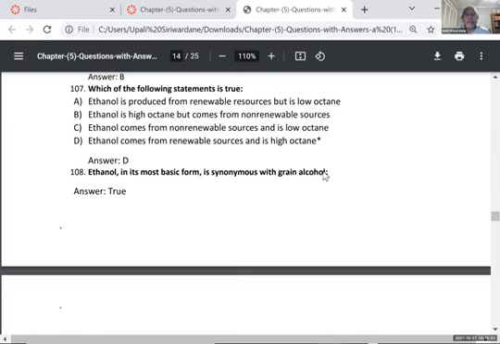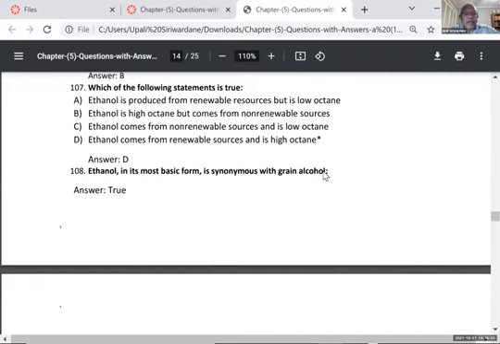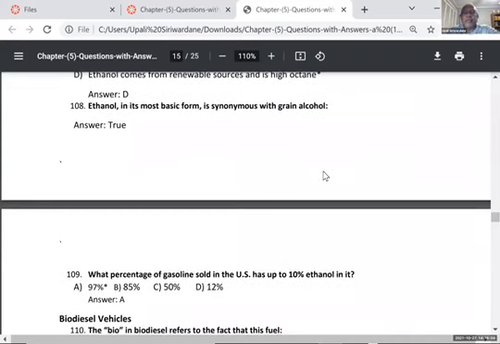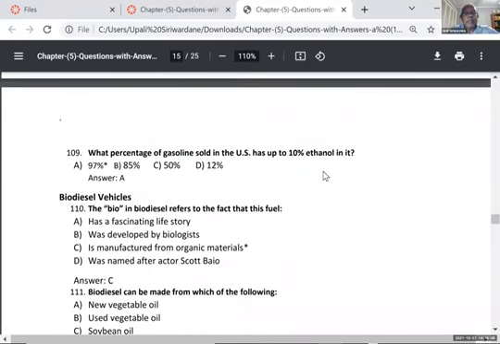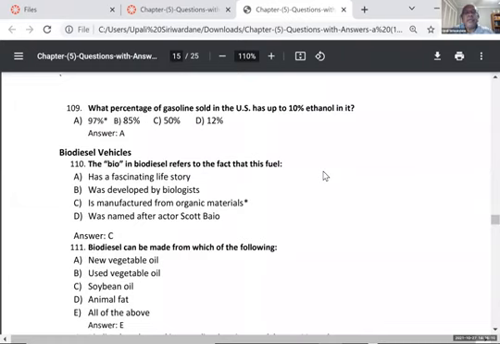We use ethanol as an anti-knocking agent. So D is the correct answer. Ethanol in its most basic form is synonymous with grain alcohol. That's true. What percentage of gasoline sold in the US has up to 10% ethanol in it?